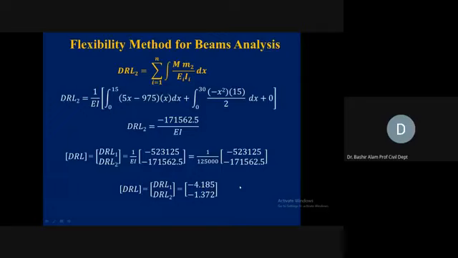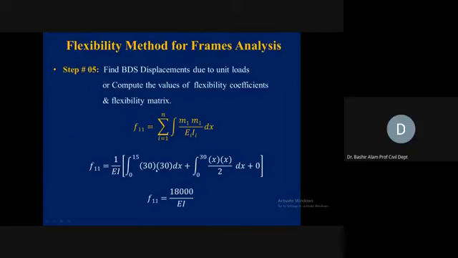Now from the bending moment table, we can find out our flexibility coefficient values also. For F11, we take the product of M1 and M1, and for each member we wrote the M1 and M2 values. For member AB, it was 30, so 30 times 30. For BC, it was x times x, and for CD, it was 0 times 0.